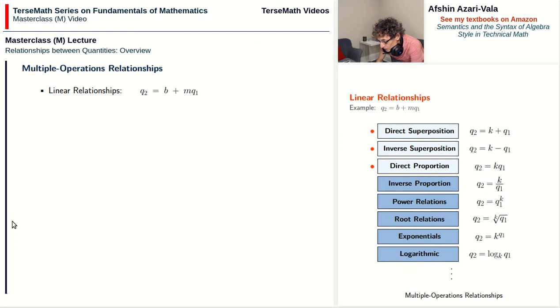So linear relationships have equations that are the same as Q2 is equal to B plus M Q1, with B and M being constants. Any equation that has any of the other elements, such as division by Q1, Q1 to the power of a known exponent, kth root of Q1, and so on, is nonlinear.